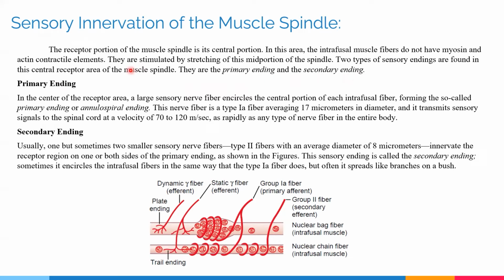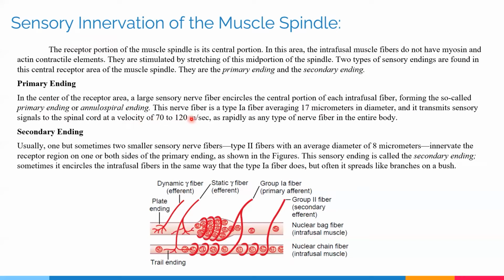First, let us look into the primary ending. In the center of the receptor area, a large sensory nerve fiber encircles the central portion of each intrafusal fiber, forming the so-called primary ending or annulospiral ending.